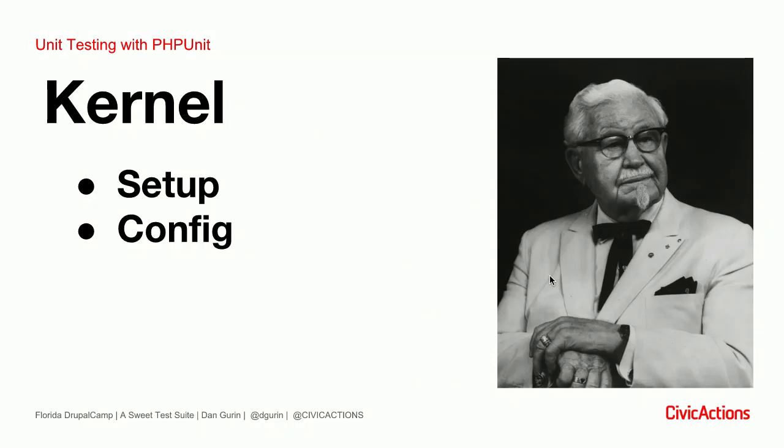And the kernel secret recipe for making a kernel test is doing the setup first, and then some config, and then you can move on with your kernel test. You need to recreate any environmental conditions that are necessary for your test.